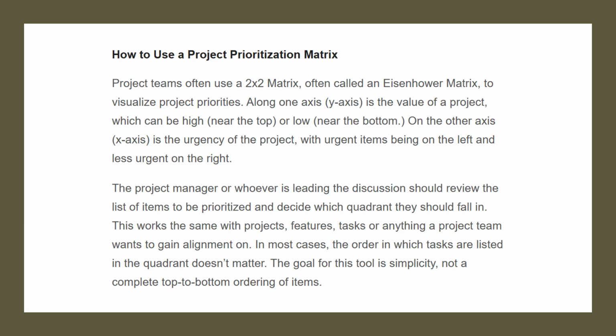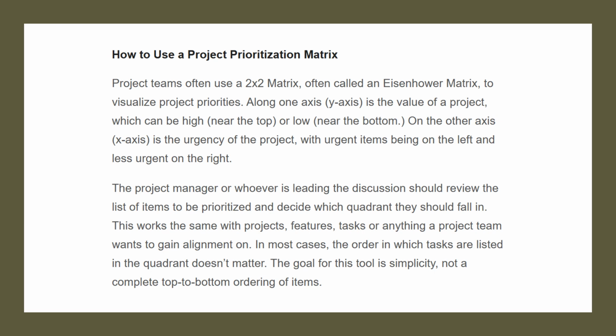The project manager or whoever is leading the discussion should review the list of items to be prioritized and decide which quadrant they should fall in. This works the same with the project's features, tasks, or anything a project team wants to gain alignment on.